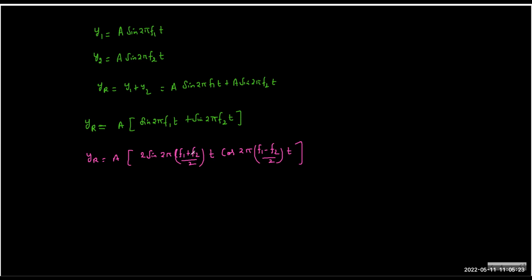Now you can see (f1 plus f2) by 2 is the average frequency, which is close to the individual value. If this is f1 and this is f2, then (f1 plus f2) by 2 will be close to this. So this is called the regular frequency.